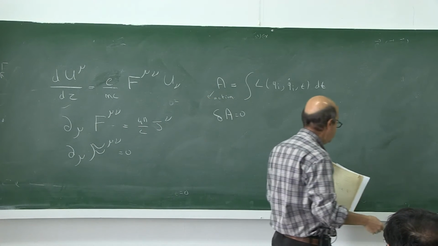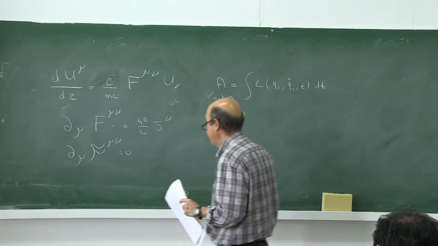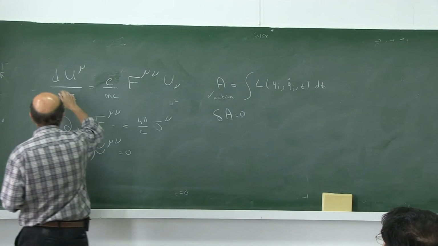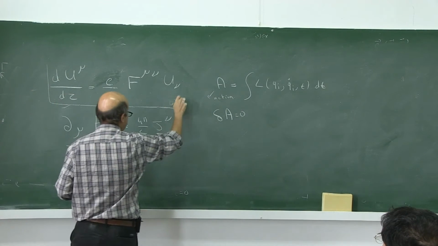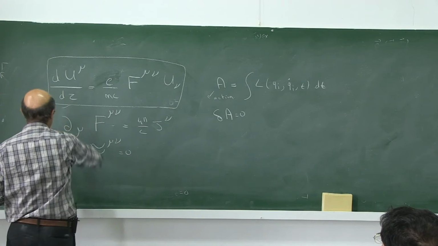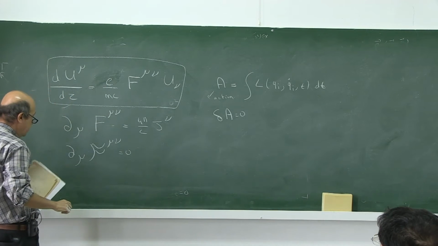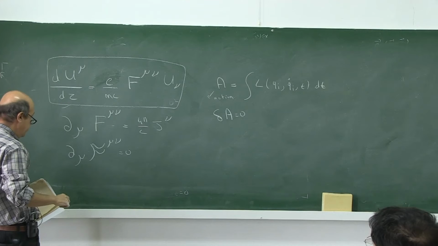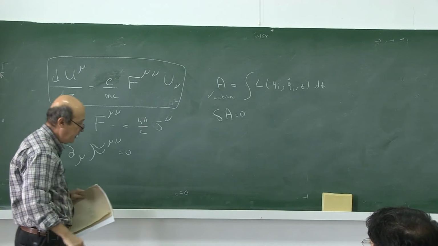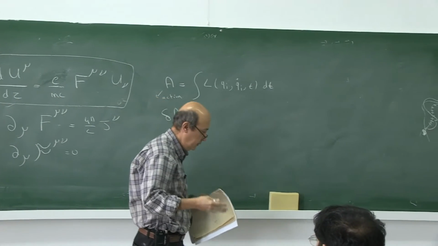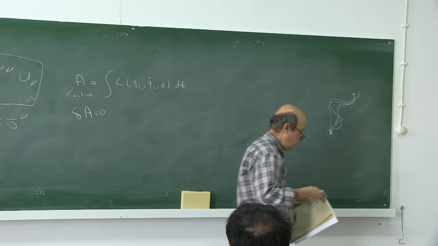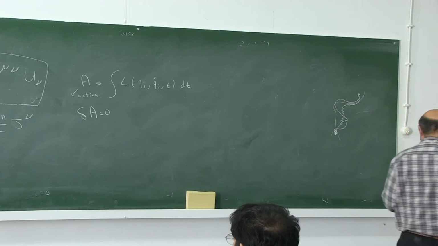So we need a Lagrangian in order to find the covariant form of the four-dimensional Lorentz force, and we will see next time, maybe next week, that we will need a Lagrangian density to describe the equations of motion of the electromagnetic fields.